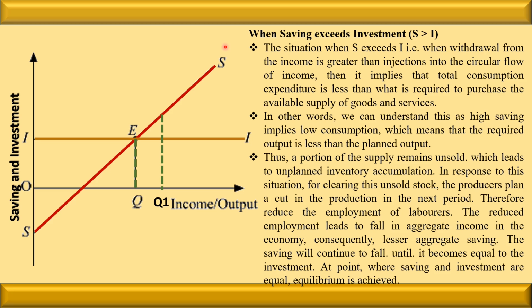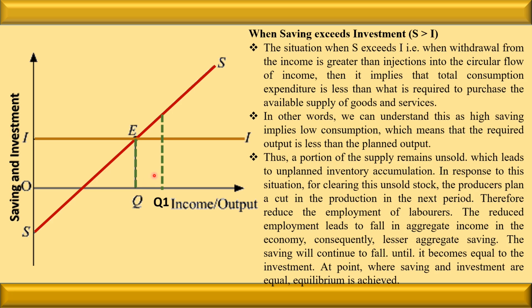In response to this situation, for clearing this unsold stock, the producers plan to cut down the production. So what will happen? The employment will be stopped. The production will be stopped. When the production stops, it means less factor services will be hired. When less factor services are hired, it means income will decrease.